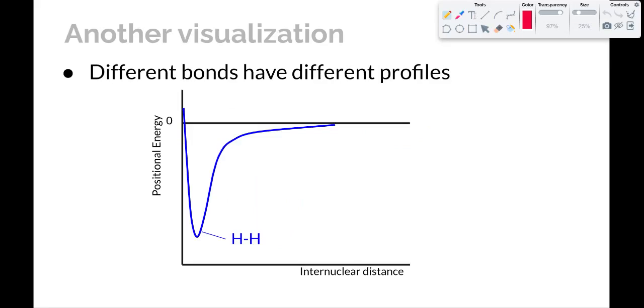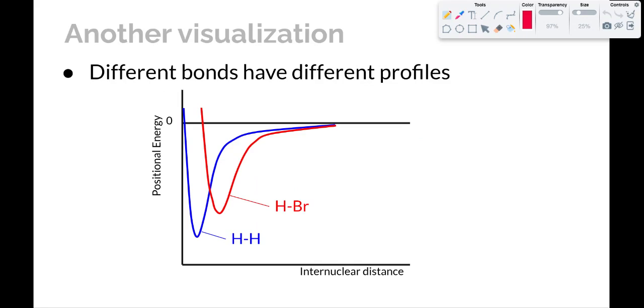So different bonds have different profiles on a graph like this, and here's an example that can help us understand what role the two quantities in Coulomb's law play. Here's a hydrogen-hydrogen bond. Now let's make a comparison. Here's a hydrogen to bromine bond.